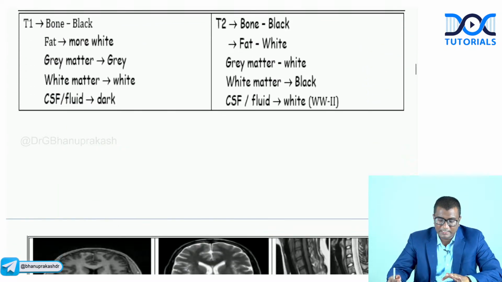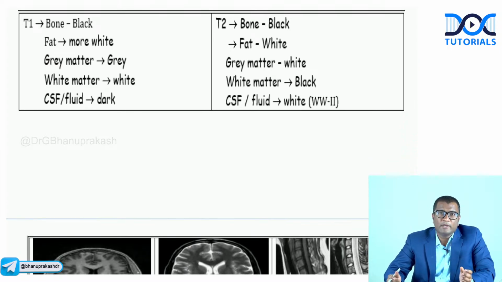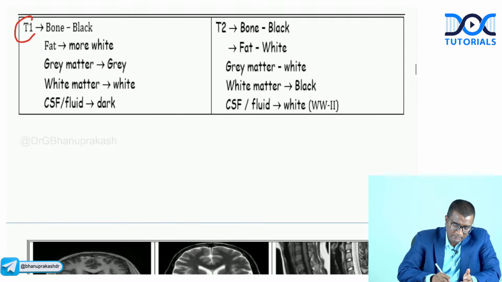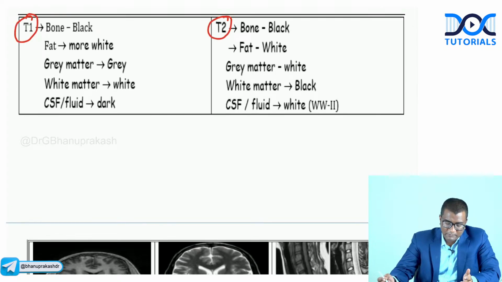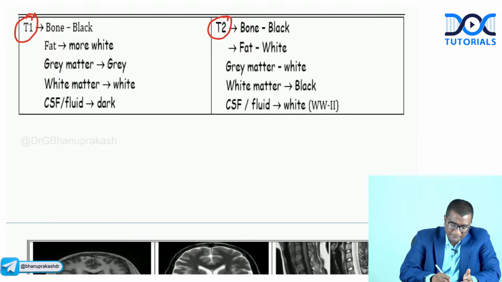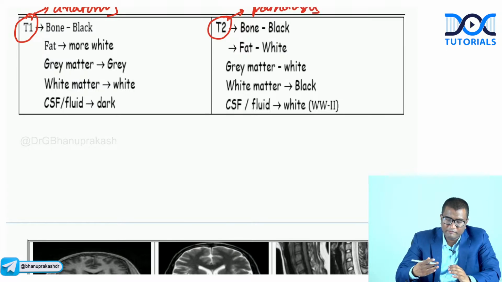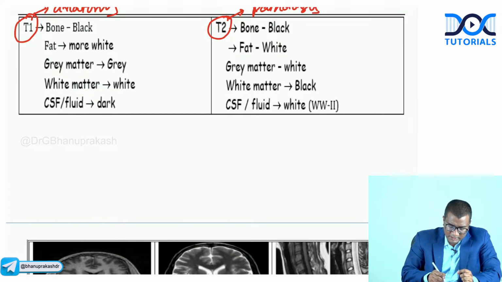Now let's come to the next thing. In MRI, we have a spin echo sequence, the basic sequence, which has T1 weighted imaging and T2 weighted imaging. T1 weighted imaging is basically for anatomy. T2 weighted imaging will show you pathologies better. I will not go into a lot of physics now, but a few words I want you to remember. T1 is spin lattice interaction.